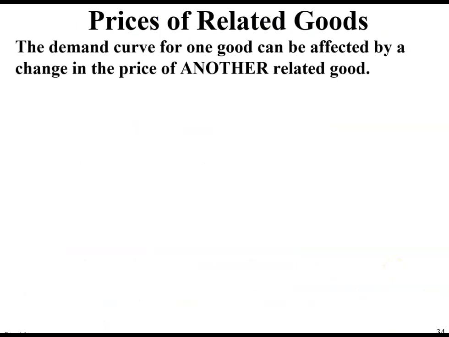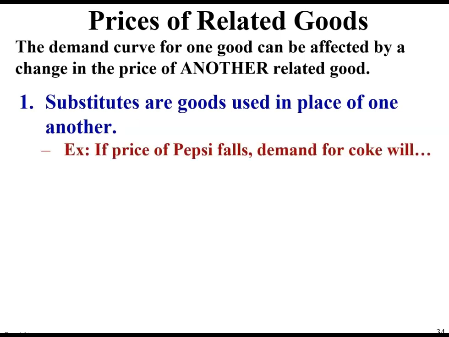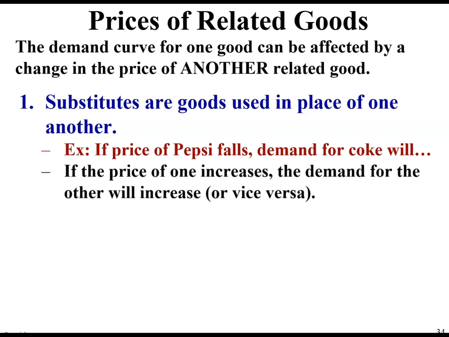What about prices of related goods? The demand curve for one good can be affected by a change in the price of another good. Substitutes are goods that are used in place of one another. So if the price of Pepsi falls, the demand for Coke is probably going to go down.